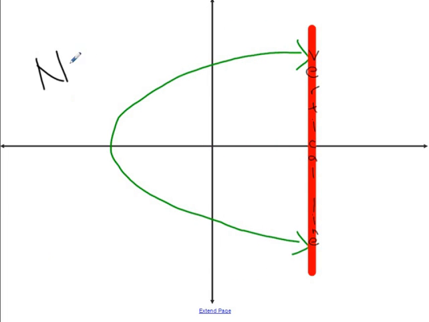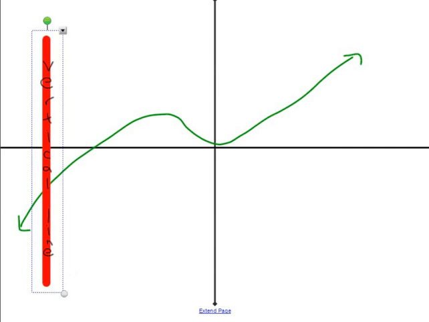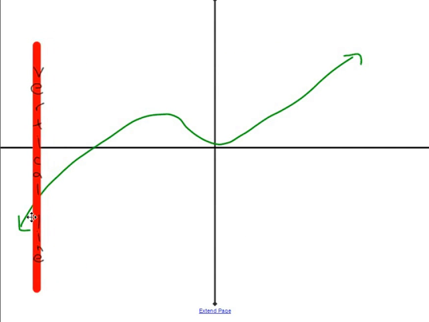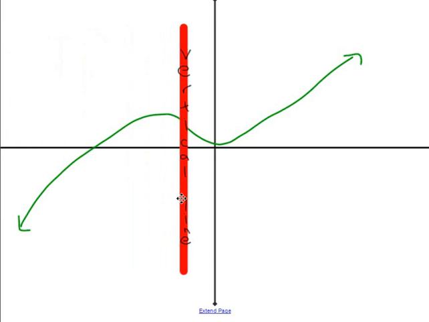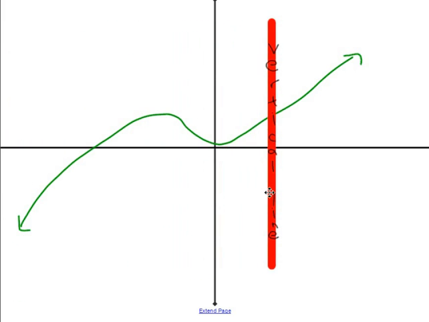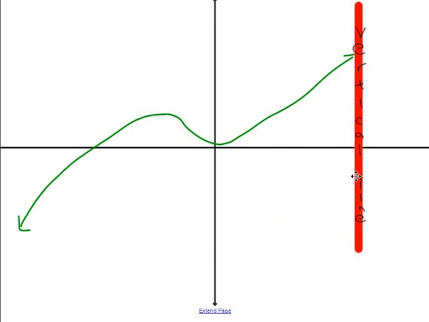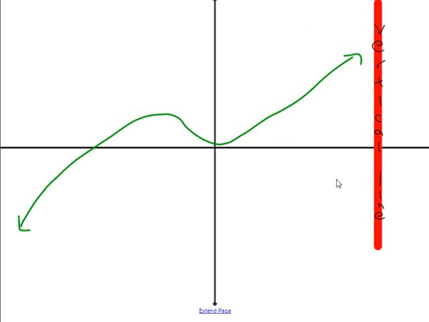No. Is this a function? Yes, it is. Because as you slide it along, even though it looks weird, it is never double dipped. My line never touches the vertical line twice. So yes.